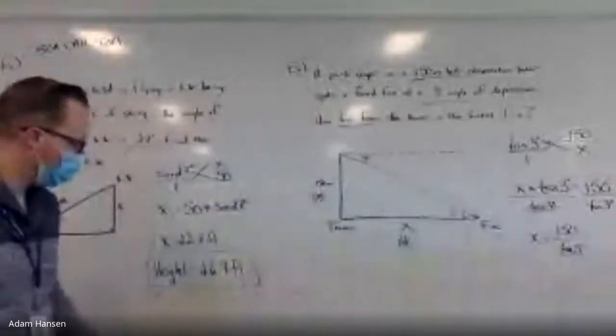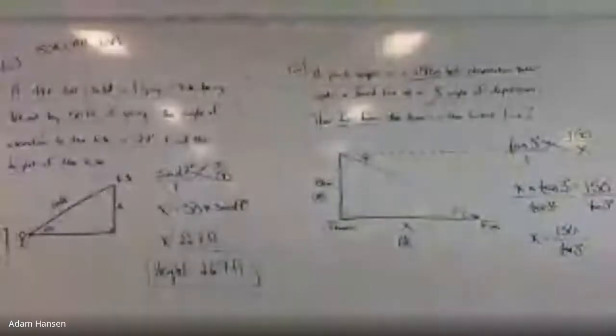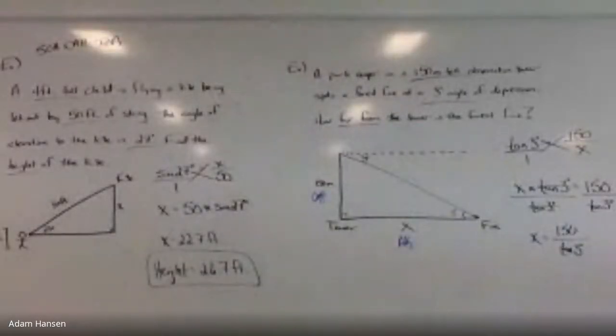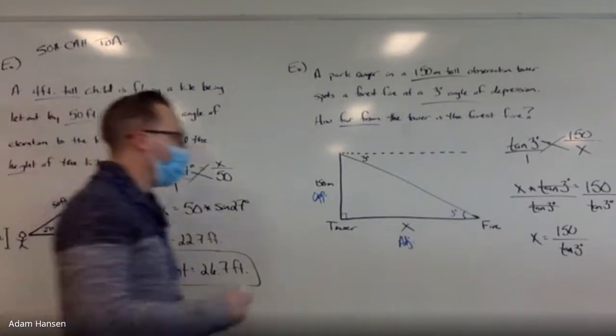So on your calculator, here's what you type in: 150 divided by the tangent of 3 degrees. I get about 2,862.2 what? Meters. 2,862 meters away.